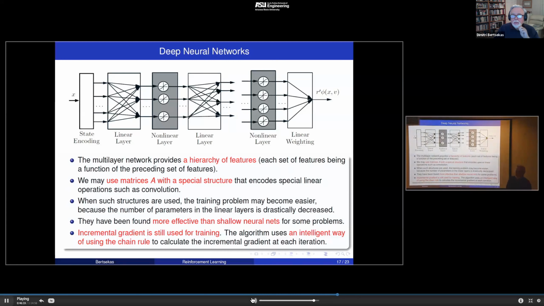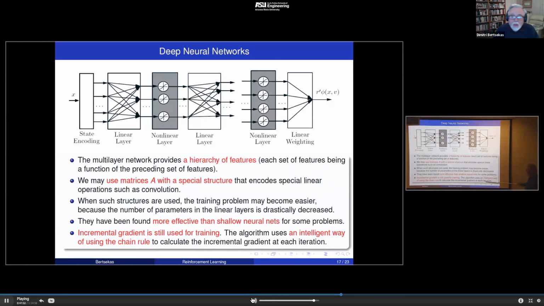And there is a clever algorithm, a clever way to use the chain rule called backpropagation, which gives you the gradient of this thing here, or rather the least squares term, with respect to the parameters of the layers. So that's what backpropagation is. It's just an intelligent way to use the chain rule to calculate the incremental gradient of each component term at every iteration.